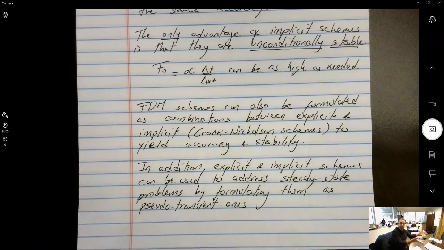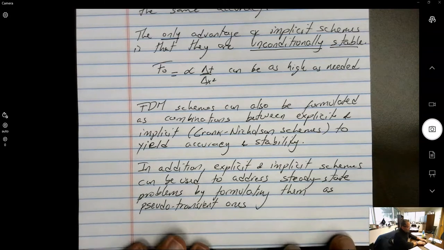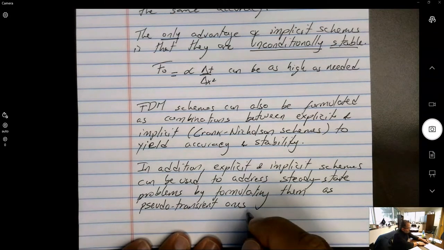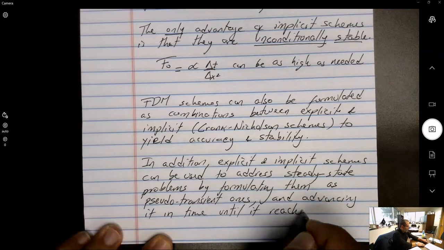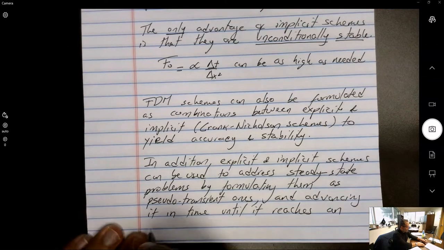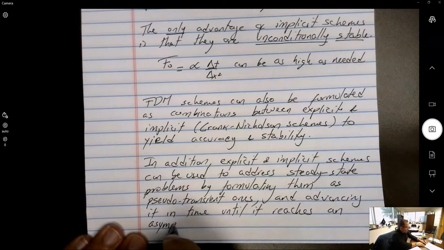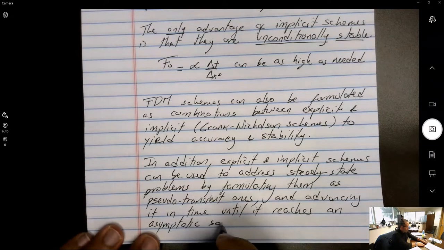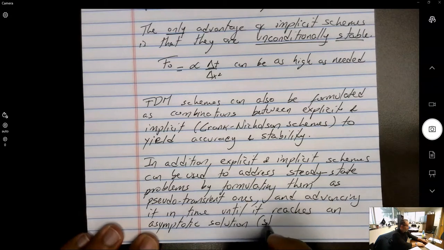So we basically put in a diffusive term on the right hand side, an accumulation term, dT/dt, come up with an alpha that doesn't exist, something that we can control, and advance it in time until it reaches an asymptotic solution, that is steady state.